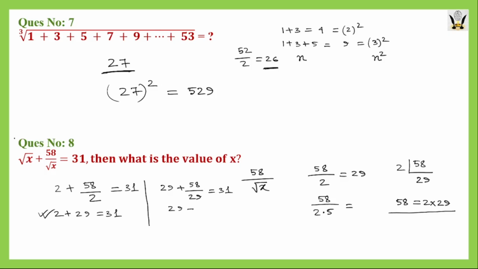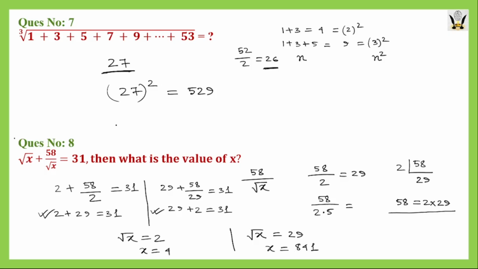So it is 29 plus 2, that is equal to 31, and that is also satisfied. So the value of root x can be 2, or as per the problem statement it can be 29 also. That means x will be equal to 2 square, which is 4, or x can be equal to square of 29. So the final value of x will be either 4 or 841.